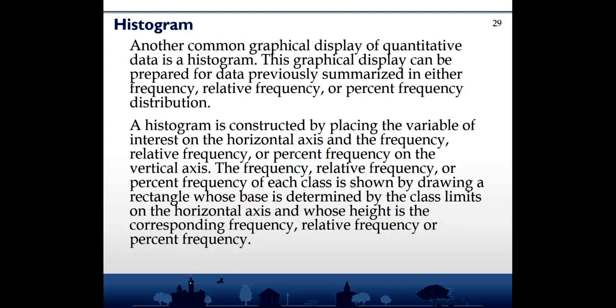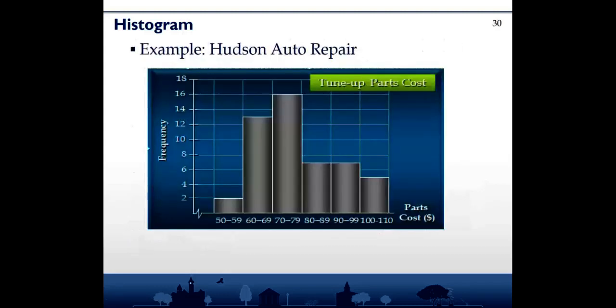And histograms are commonly used graphical displays. Before you obtain the histogram, you prepare the data. You can obtain the frequency distribution, relative frequency, or percent frequency distribution. It's similar to the bar chart, but a histogram is for quantitative data and a bar chart is for categorical data.